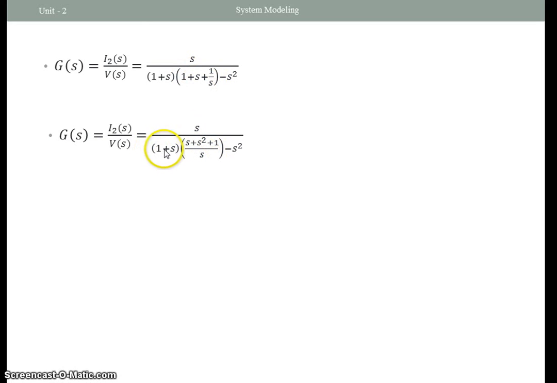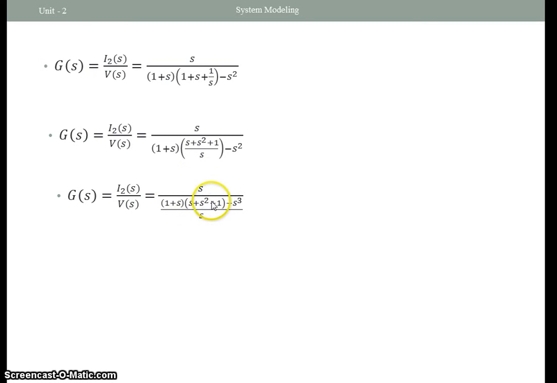Still, we can put all the denominator in a single fraction, and the common denominator is S. So we will have this as the simplified single fraction of the denominator, and the S here can now go up, which will make the numerator S squared.